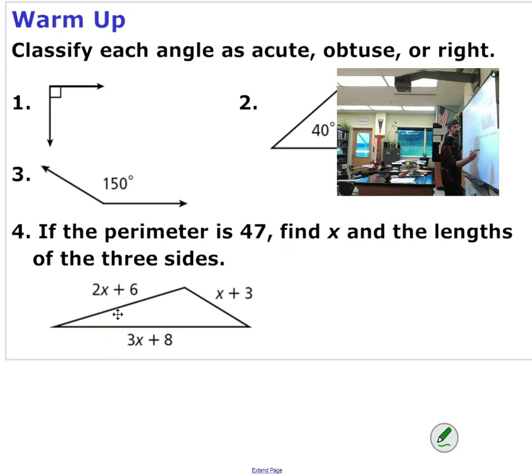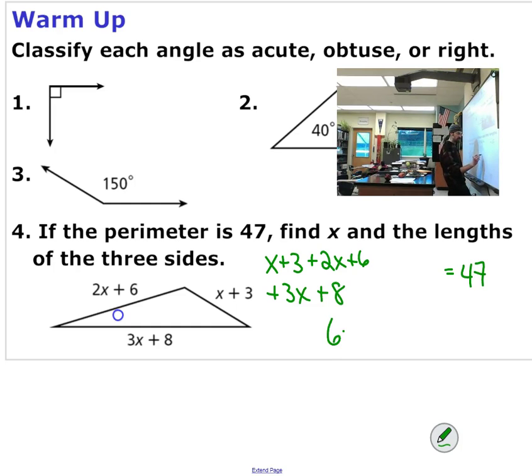Well, perimeter means add up the sides. So 47 equals x plus 3 plus 2x plus 6 plus 3x plus 8. I have to use my projection voice so you can hear me. And if I add up all my x's, 3, 2, and 1, I get 6x.